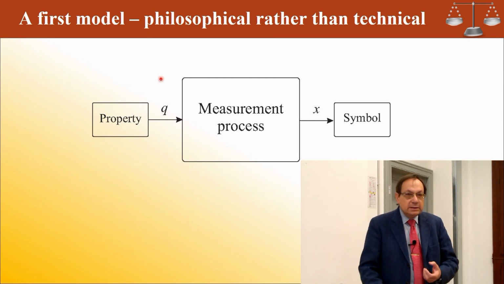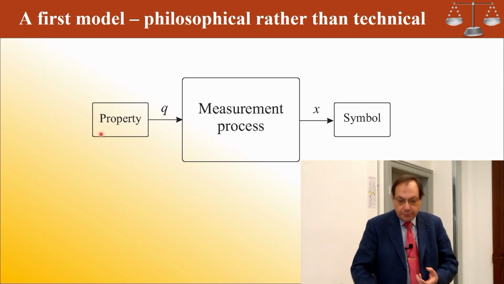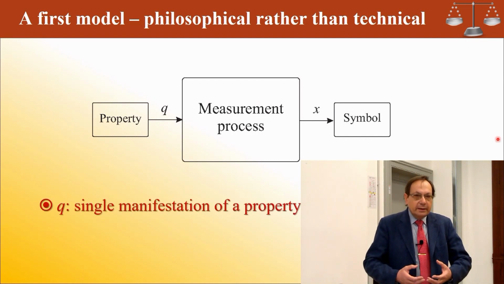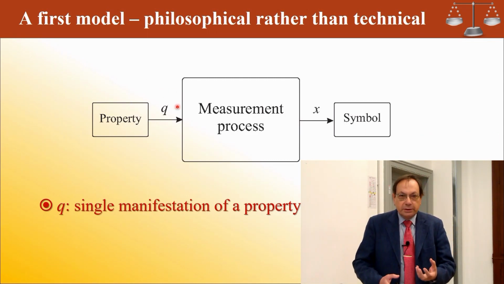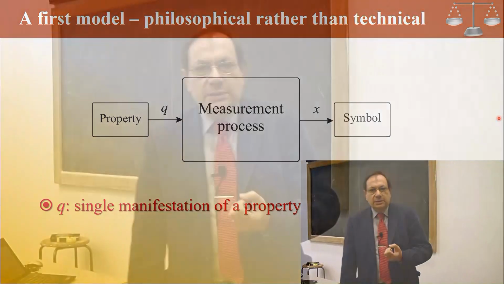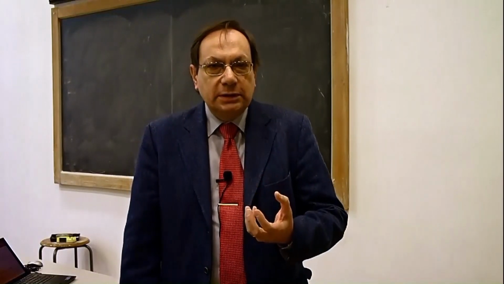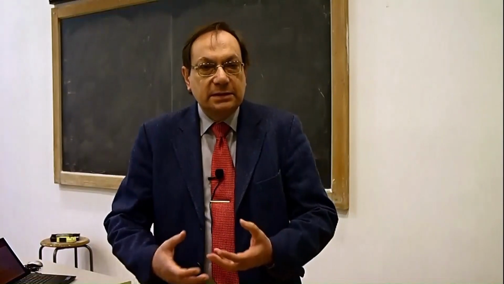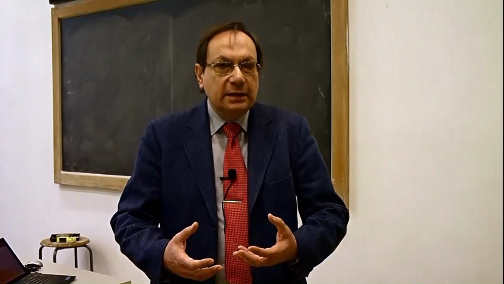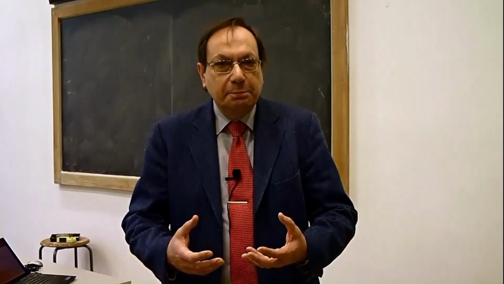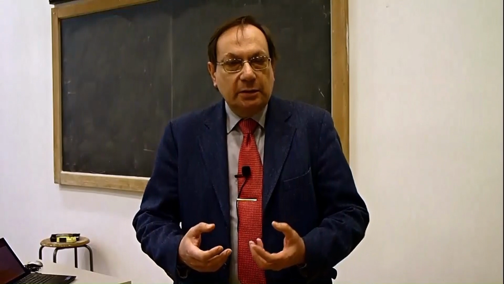Now, a quantity is a property, so it's a property that manifests itself in some way, and we have a single manifestation Q of this quantity. It's interesting to notice that a quantity manifests itself as an occurrence, as a fact, as an event, something that from a philosophical point of view we may think belongs to the empirical world.